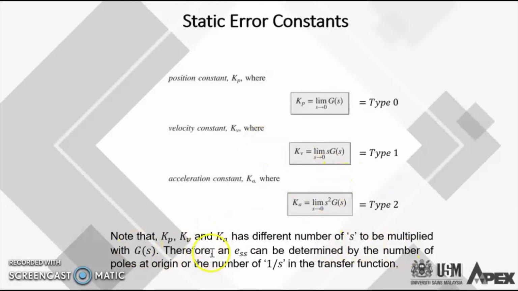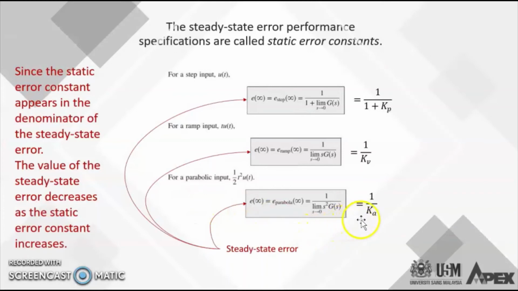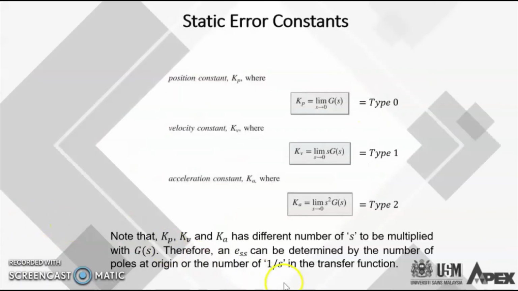Therefore, the steady state error can be determined by the number of poles at the origin, or the number of 1 over s in the transfer function. This refers to the steady state error on the last slide. What it states here is that ESS can be determined by the number of 1 over s.